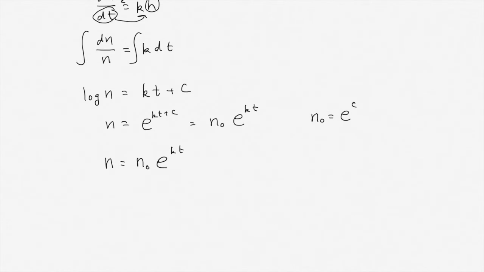Then we have two conditions. At t equals 2000, the world population n is 6 billion, 6 times 10 to the 9.